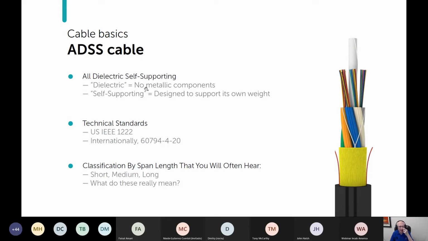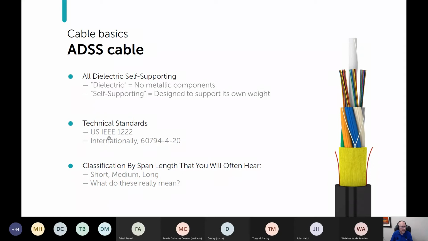So an armored cable, using corrugated steel tape armor, is not an ADSS cable because it has metal in it. A duct cable or a lashed cable is not an ADSS cable because it's not self-supporting. Self-supporting means it's designed to support its own weight. So again, maybe I'm being pedantic, but I prefer the precision of using ADSS when you really mean ADSS.